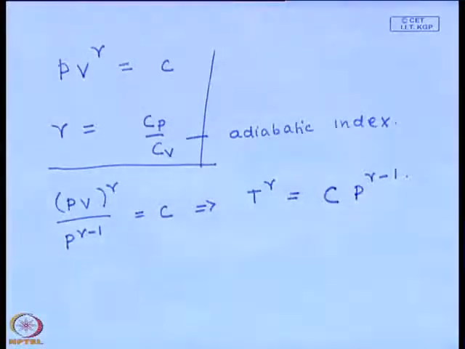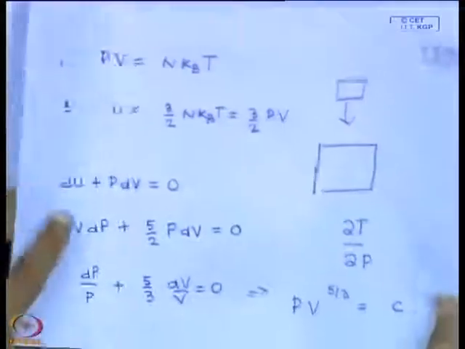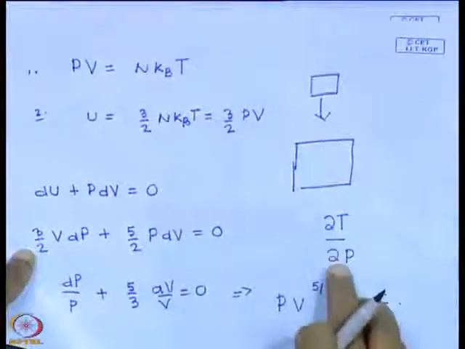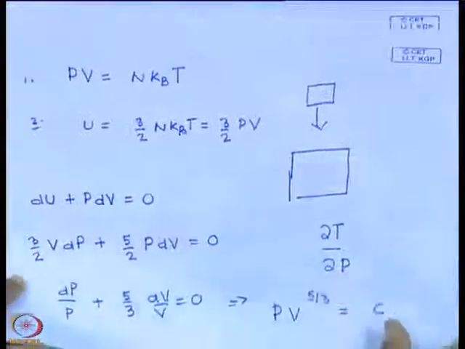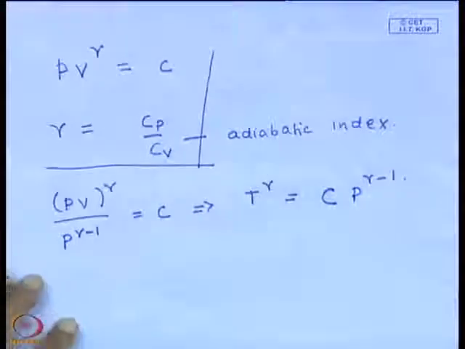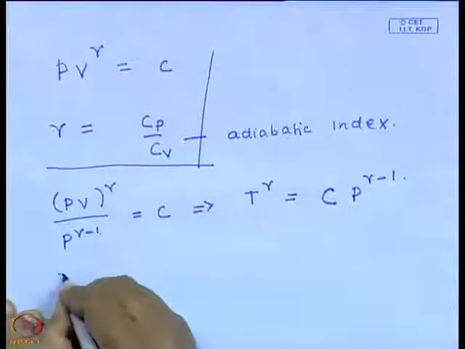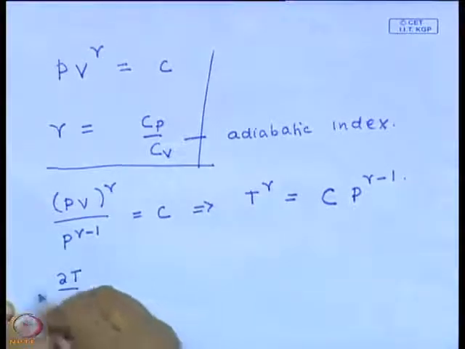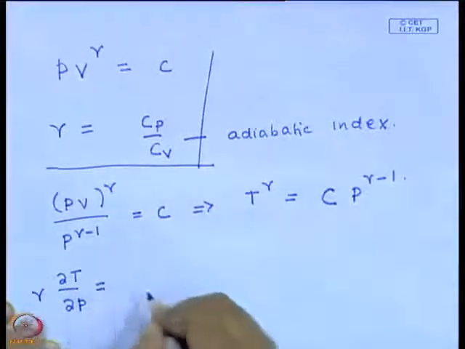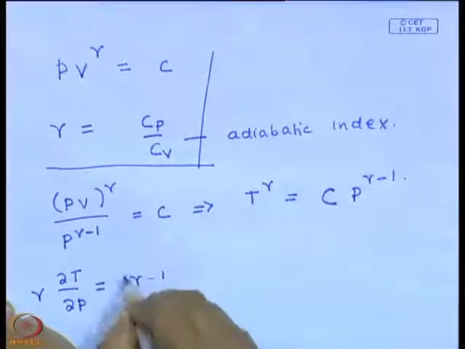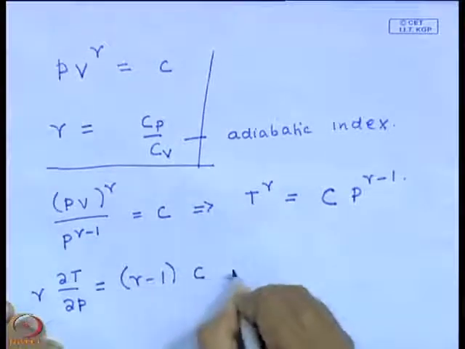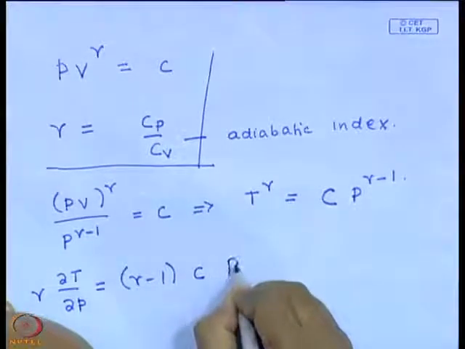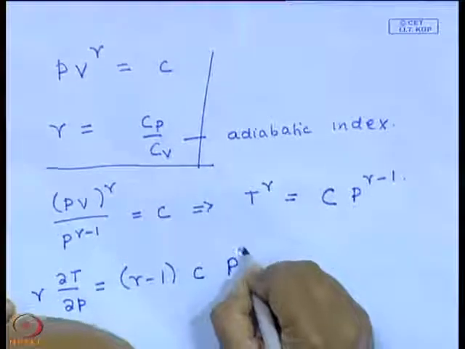And we can differentiate this now. So we can differentiate this, del T del P, and if I differentiate it, what I will get is that del T del P into gamma is equal to gamma minus 1 C P to the power gamma minus 2.